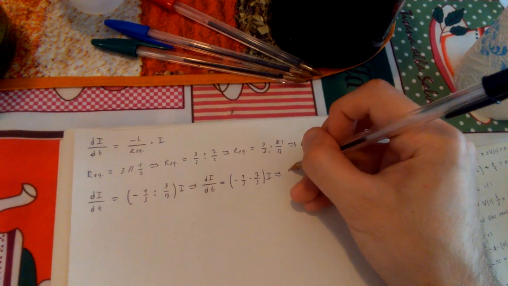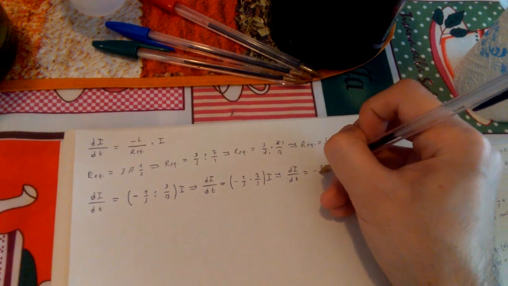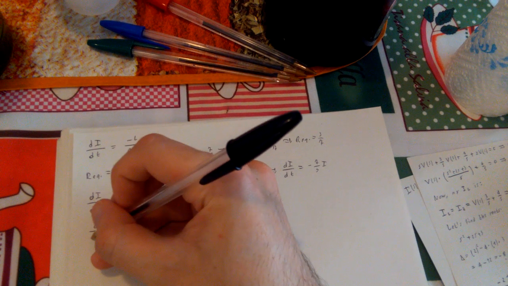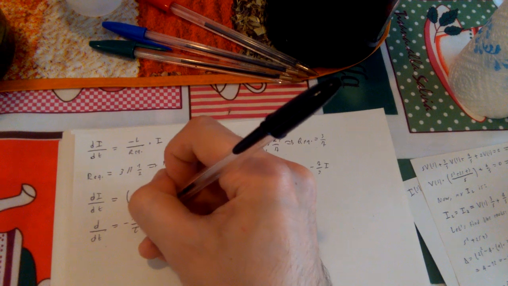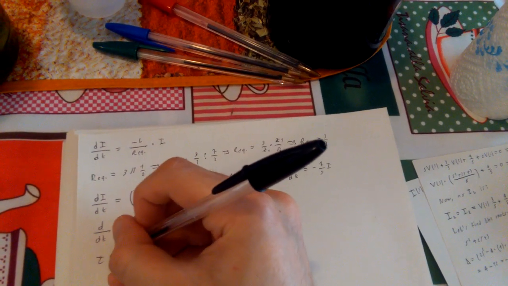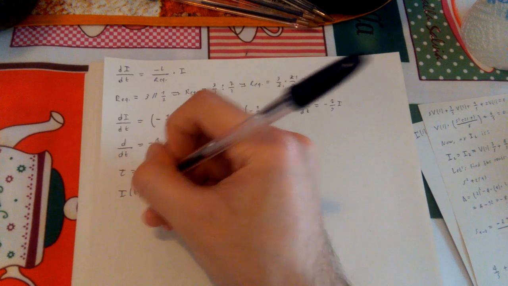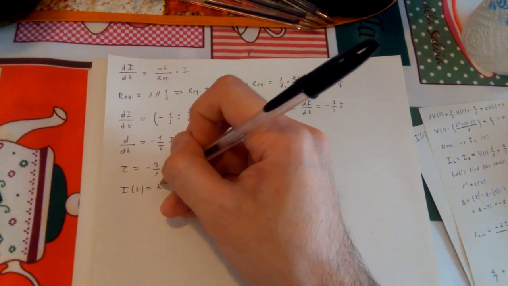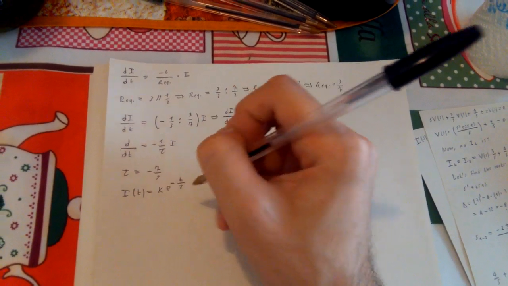So di/dt is negative 7 over 9 i. So let's solve it. Negative 1 over tau, times i, where tau is just negative 7 over 9. I of t is k, which is a constant in this case, e to the negative t over tau.